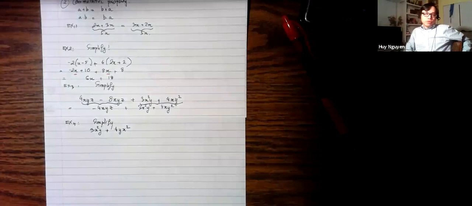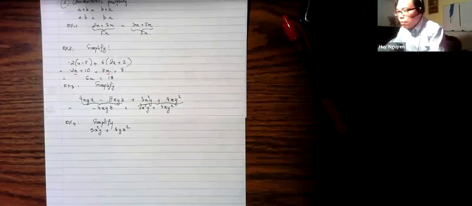My question for you: are they similar terms? Are they like terms? The answer is it looks like it does not, right? It doesn't look like they resemble each other at all.